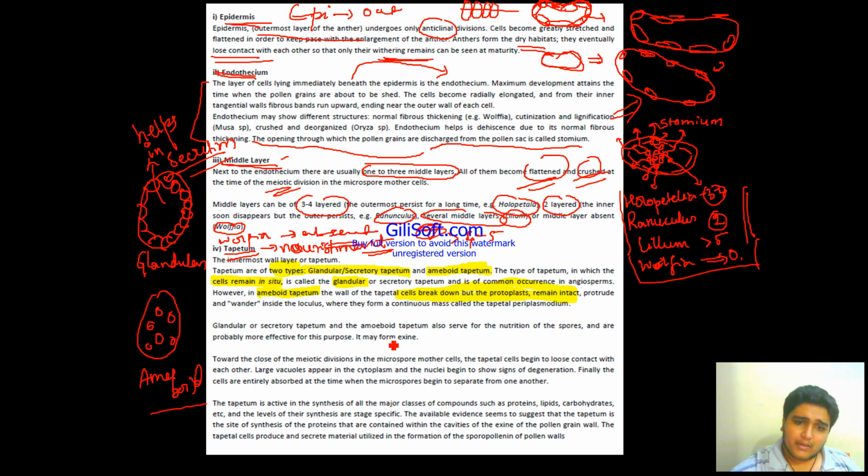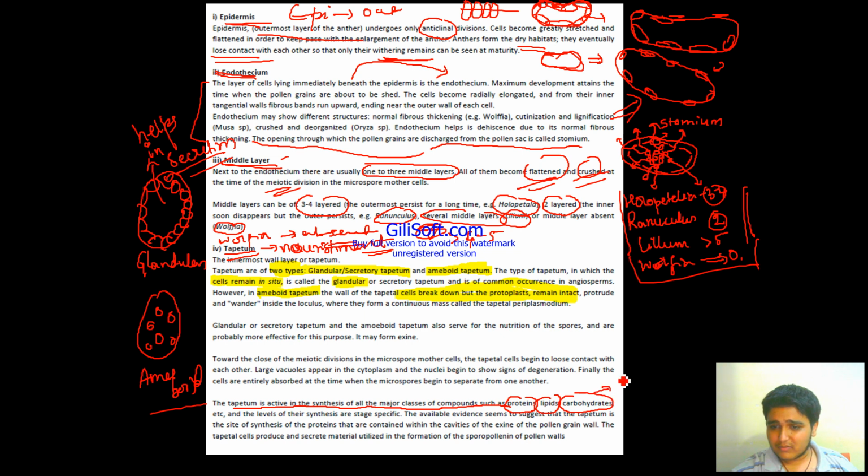Okay. Now come to this topic over here. Towards the close of the meiotic division, tapetum is active, especially glandular tapetum. It's active in synthesis of all major classes of compounds such as proteins, lipids, carbohydrates, etc. And the levels of synthesis are stage specific. Now, what does this paragraph basically try to explain?